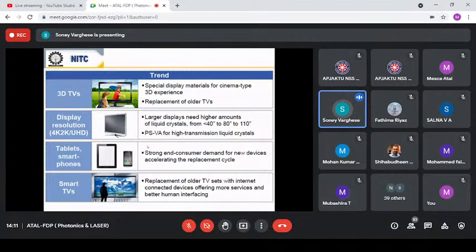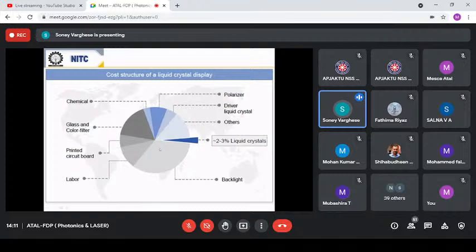So display devices are one of the unavoidable parts of our room, or the living room, right? And if you look at the cost of the display, day by day the cost is also decreasing, right?